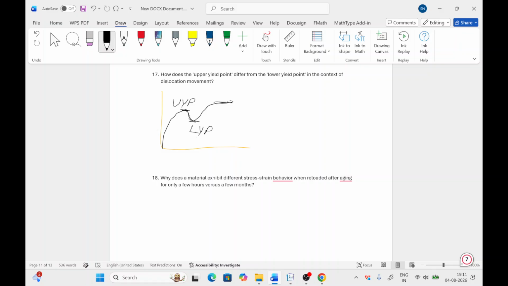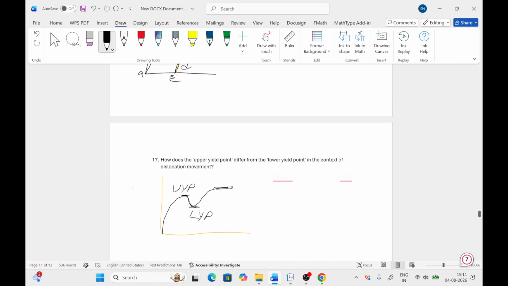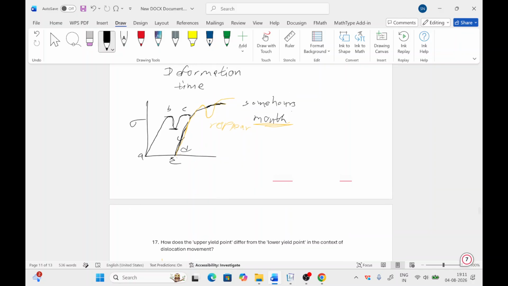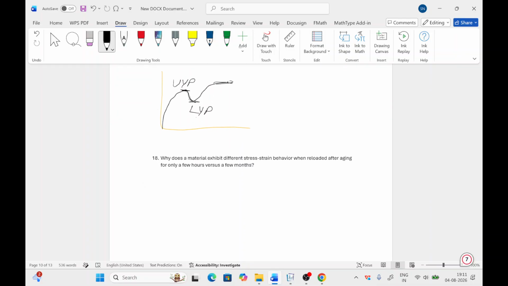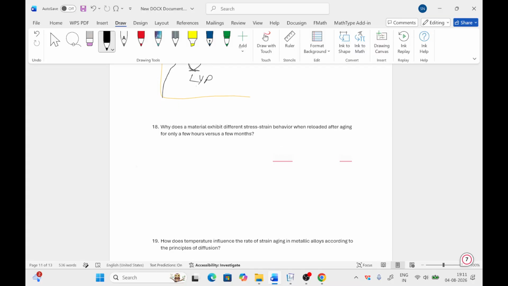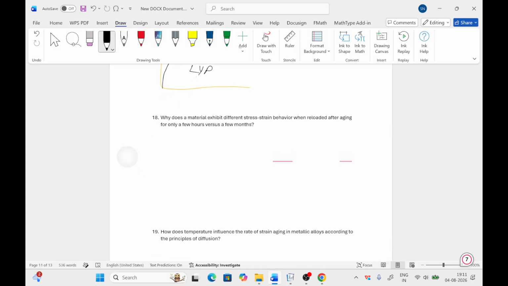But for shorter times, the solute atoms cannot easily go to the dislocation core and hinder them. So the yield point will not appear for a few hours of aging. This rest of the material after deformation we call aging.